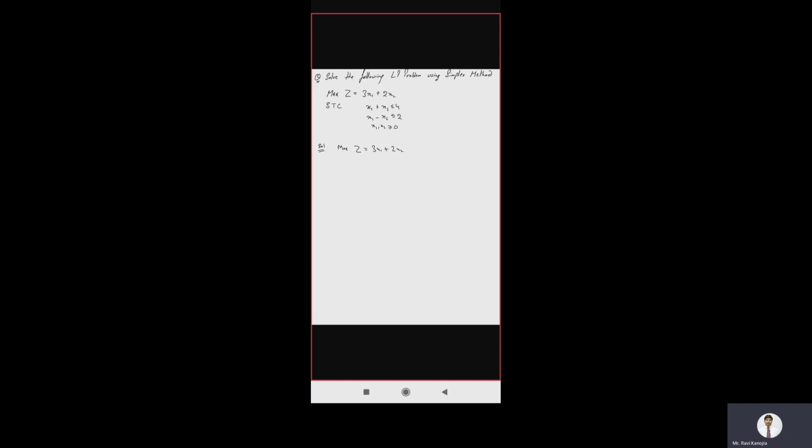For that, we need to add slack variables as per the condition. If it's a less than or equal to sign, that means we have to add the slack variable. So x1 plus x2 plus s1 is equal to 4. I'll write 0 s1 over here, so that we have added the variable, but the coefficient is 0.